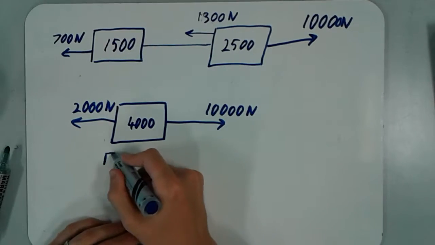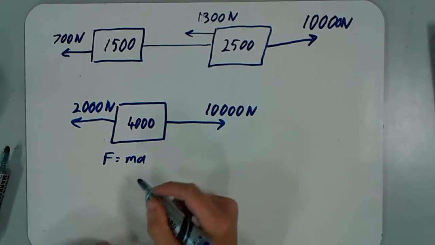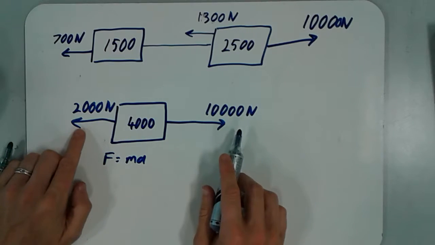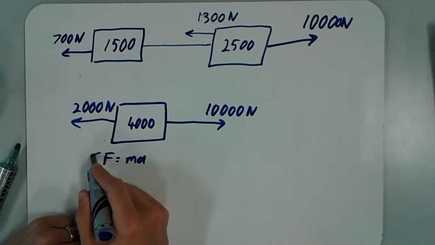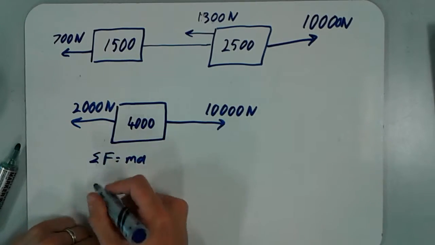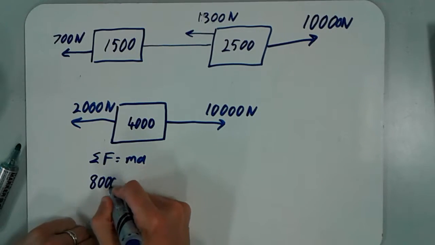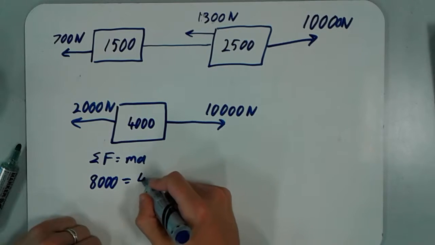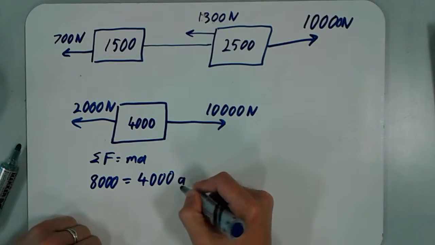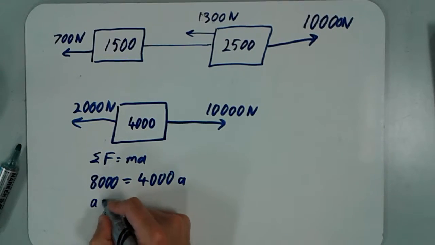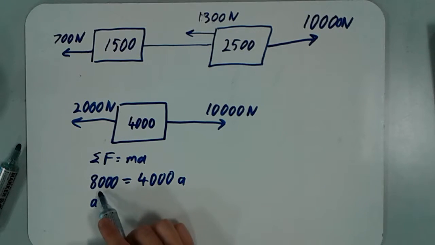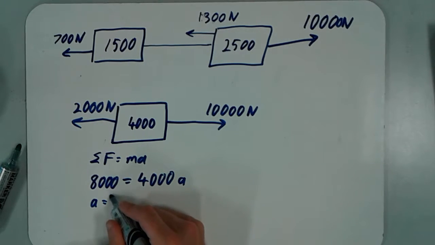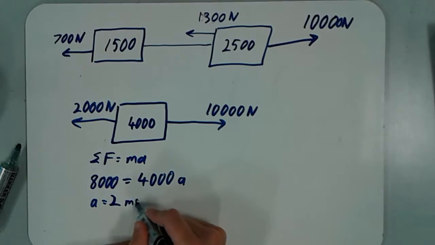Now we can use F equals ma. Our resultant force is 10,000 minus 2,000, our mass is 4,000, and we want to know our acceleration. So the acceleration is 8,000 divided by 4,000, which is 2 meters per second squared.